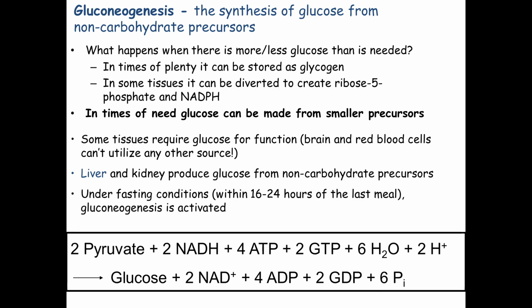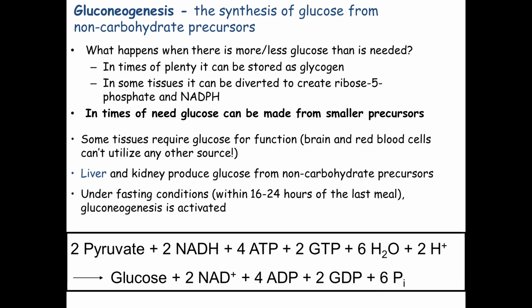But we're also going to have to convert 4 ATPs and 2 GTPs into their hydrolyzed products. So in glycolysis, we had a net gain of 2 ATP, where here we're going to have a net cost of 6 ATP equivalents. So this is expensive. It costs 3 times as much to make a glucose as you're going to get out of it in glycolysis.